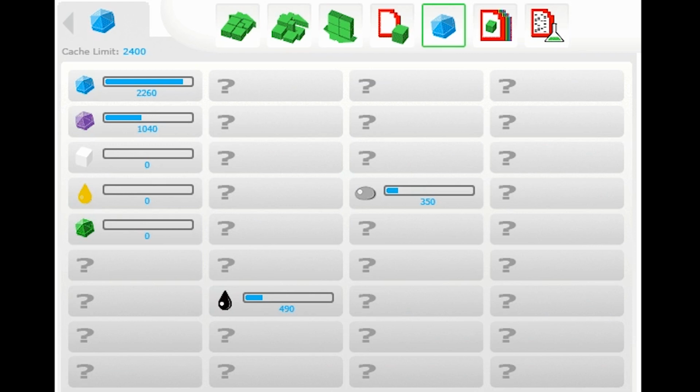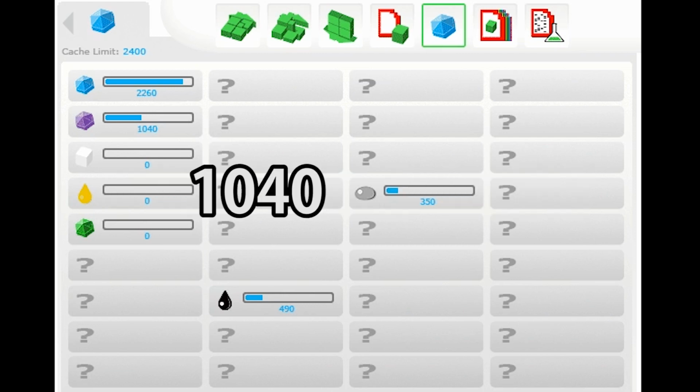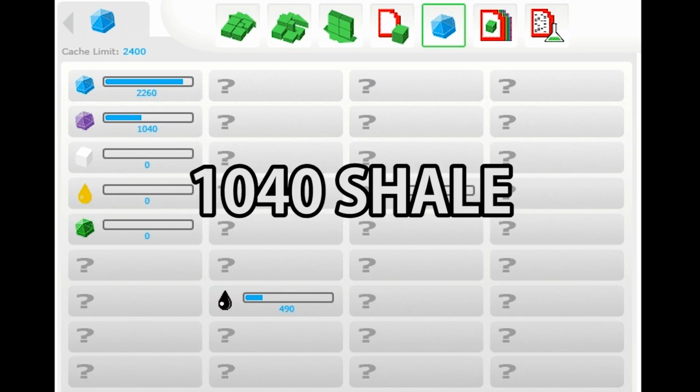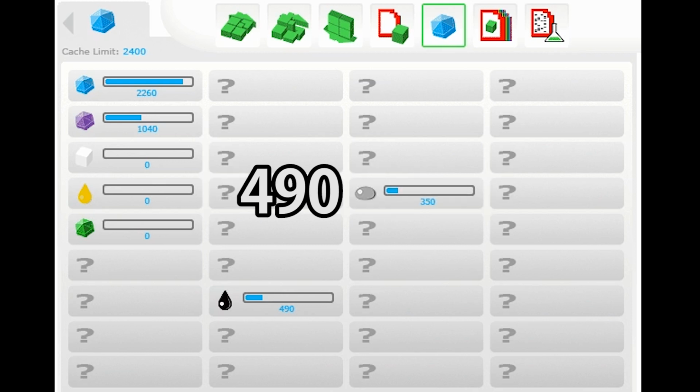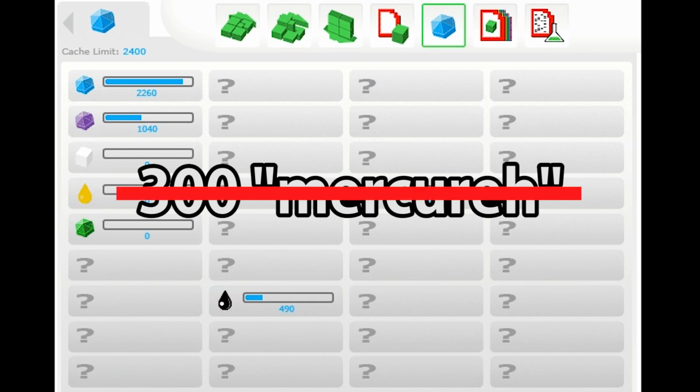Certainly not you. John, pick up as much grist as you can hold. Your expanded cash limit is more than enough to accommodate the grist windfall. You gather up 2,260 pieces of build grist, 1,040 pieces of shale, 490 drops of tar, and 300 drops of mercury.